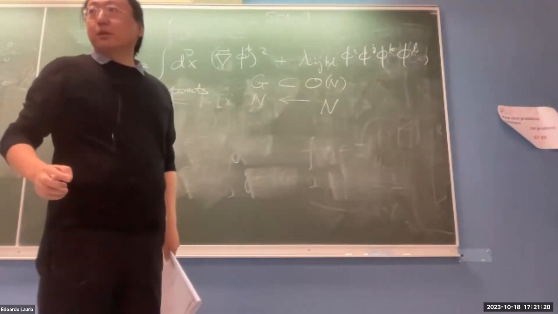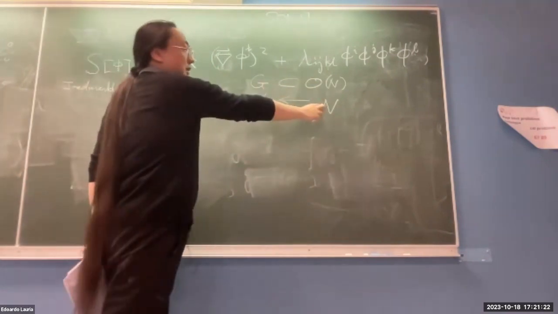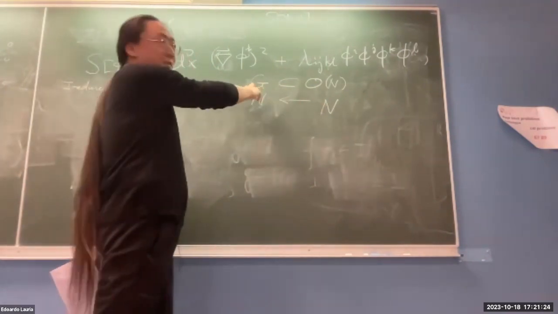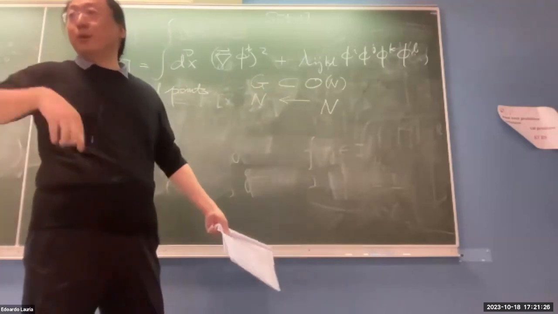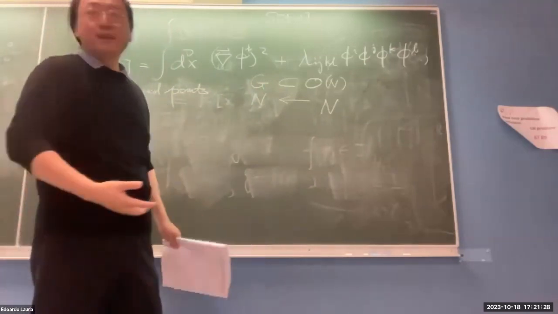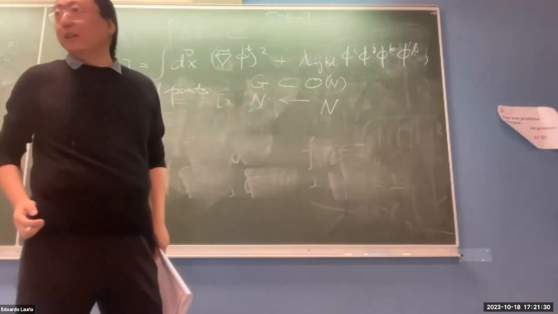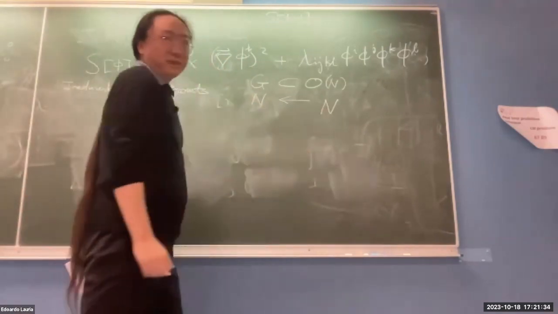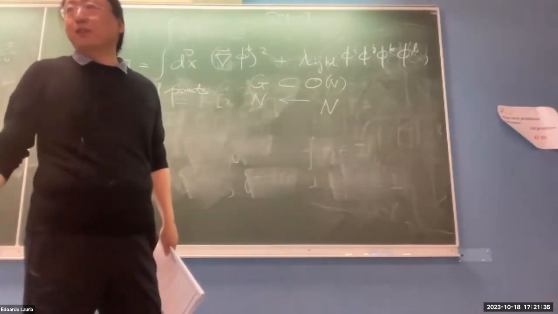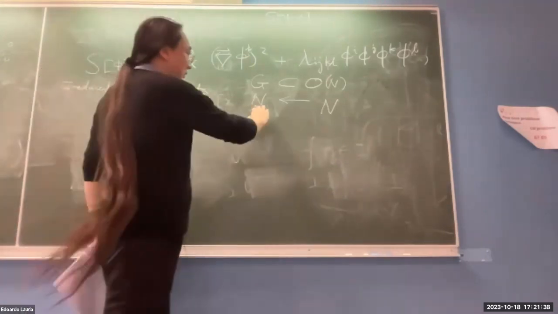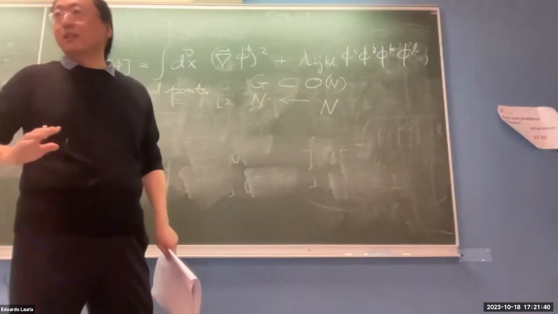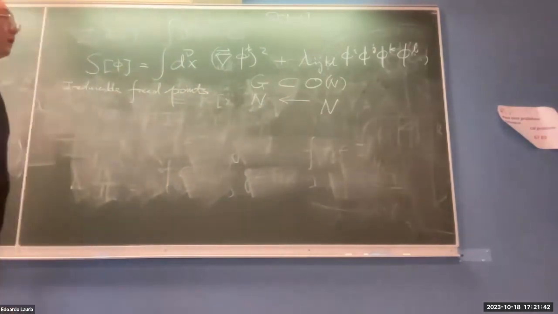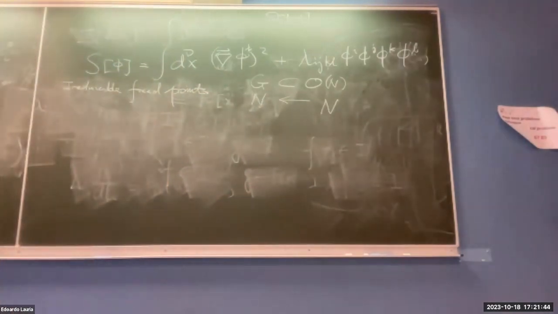When you look at this vector space in terms of the smaller group, it should decompose into irreducible representations of this smaller group. And I require that the n-dimensional representation, which we usually call the vector representation of O(n), is still irreducible. It doesn't become a two-dimensional representation or higher.